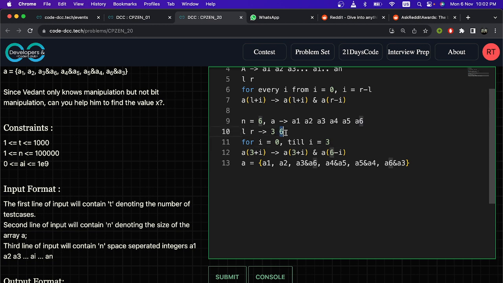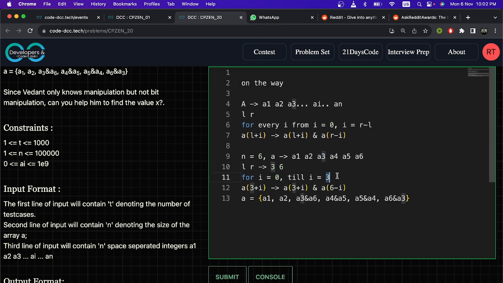If you choose L equal to 3 and R equal to 6, then for every I from 0 till R minus L, in this case R is 6 and L is 3, so R minus L is 3, you replace A[L+I] with A[L+I] bitwise AND A[R-I]. So when I is equal to 0, you replace A3 with A3 AND A6, as shown here. When I is equal to 1, you replace A4 with A4 AND A5, as done here, and similarly it's done here and here.